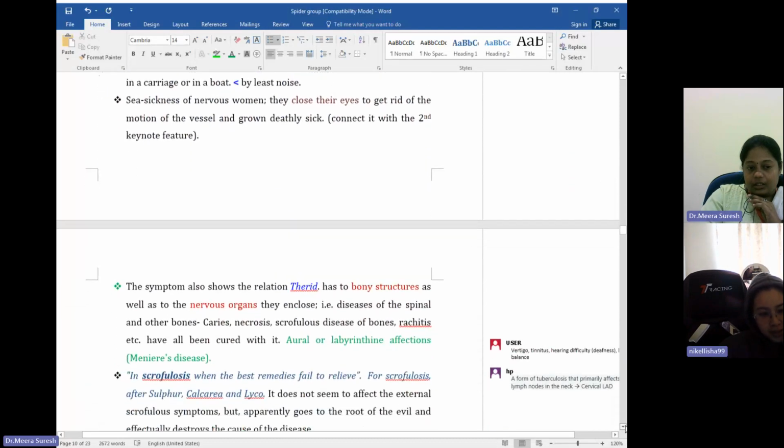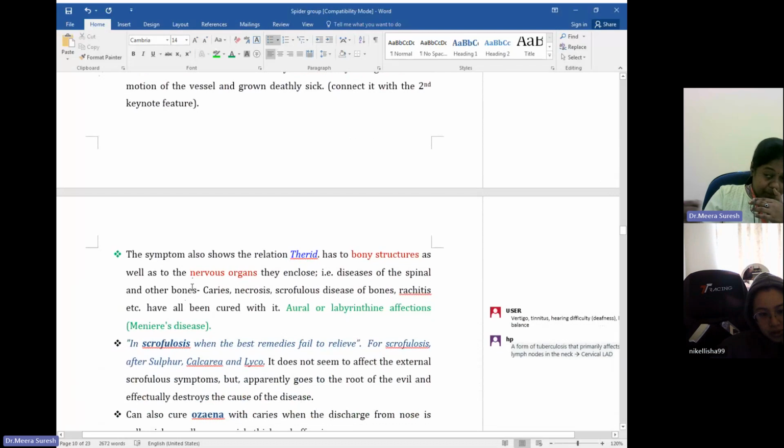Then this symptom, that the sound is passing through the body, can be seen in case of bony structures as well as the nervous organs they enclose. So they can feel the sound is passing through the tooth, and I told you it can be connected to caries, and even through the body, and also any bony structure in which some nervous organ has been enclosed.